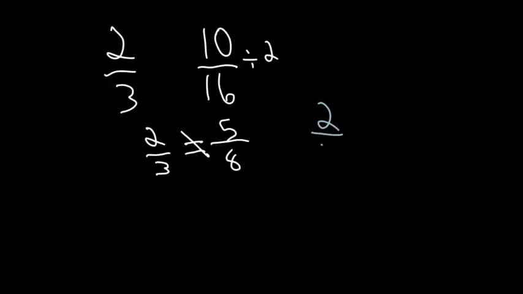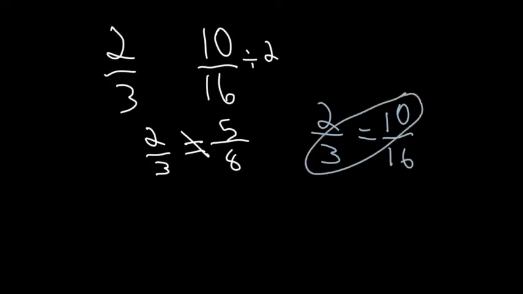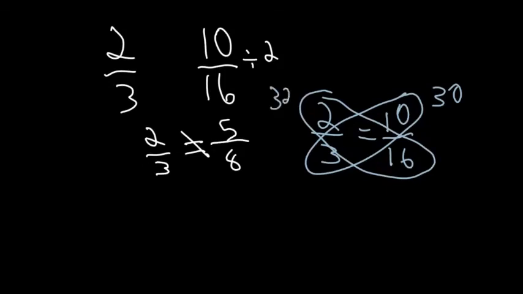So we have 2/3 equaling 10/16. Let's check it. 3 times 10 is 30. And 2 times 16 is 32. So these are not equal because 32 does not equal 30. So that is how you write ratios and see if they are equivalent or not.